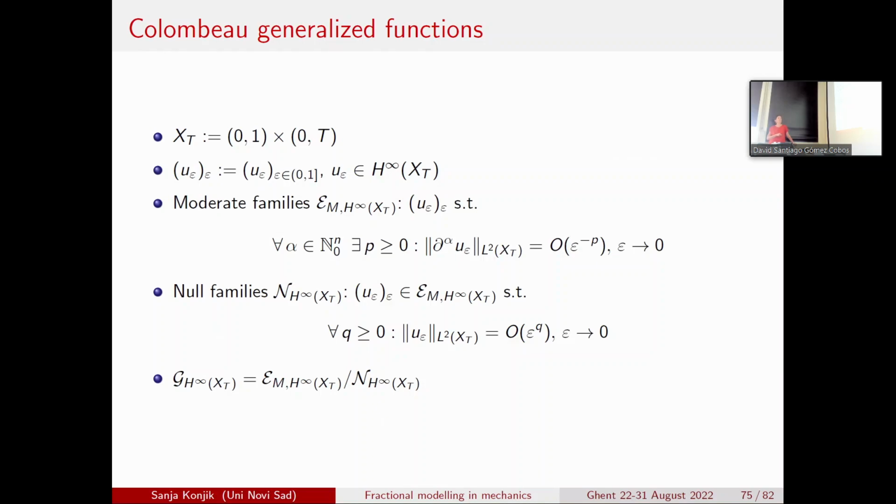And you make a quotient, and that is the space of generalized functions in the sense of Colombeau.